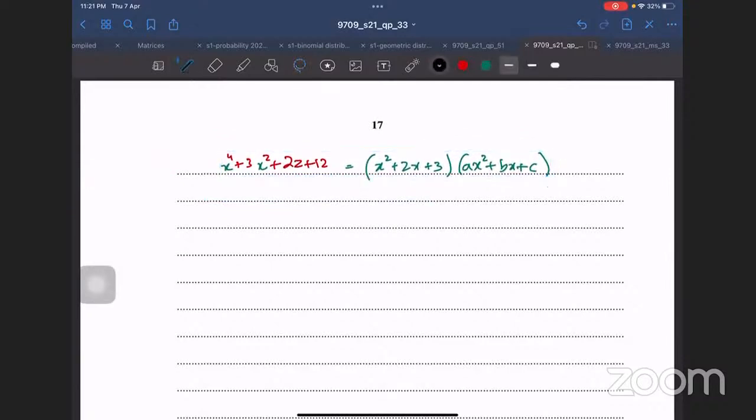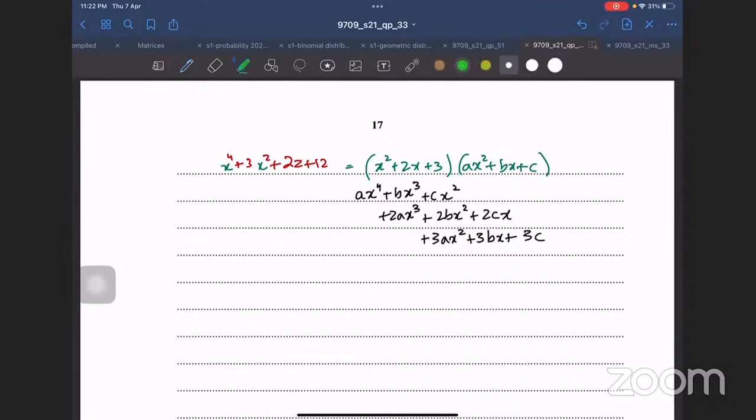Okay. Expanding this gives me ax to the power 4, bx cubed, cx squared, 2ax cubed, 2bx squared, 2c, 2acx plus 3ax squared, 3bx plus 3c.